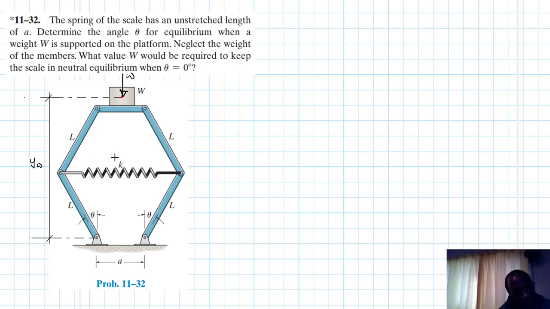For the spring, of course, we know we can get the k, we know its initial length and final length. We're able to calculate that.